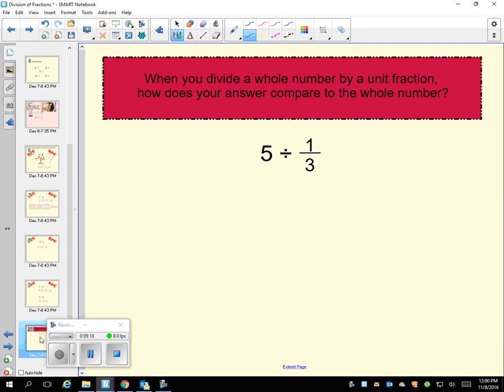Work this problem. When you divide a whole number by a unit fraction, how does your answer compare to the whole number? Okay, work this problem in your journal. Pause the video.